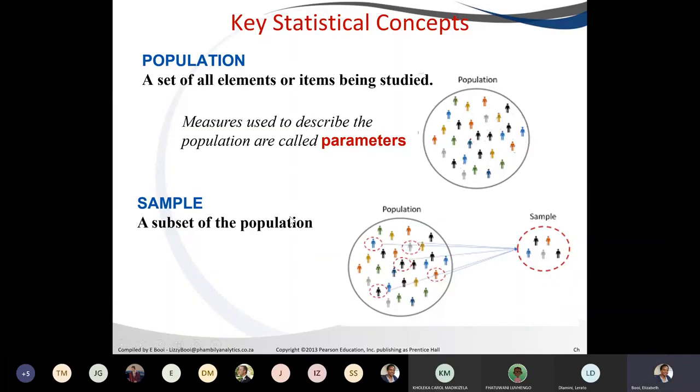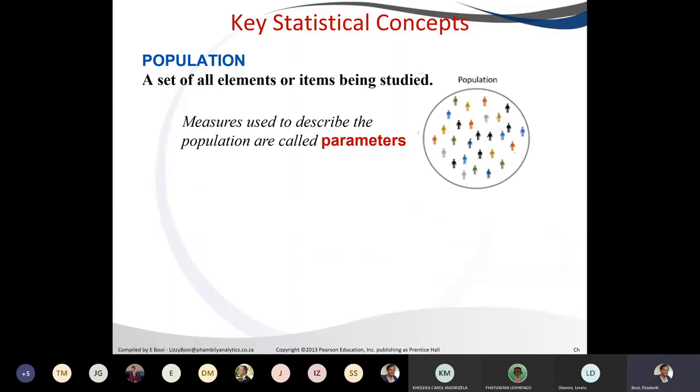Before I move to the sample, when I select the survey, or let's say, for example, the census. Census is the study of the entire population of South Africa. So when they do the census, when they collect information from the people, they ask questions. Who are you? Where do you stay? Those kind of questions. Do you have water? Do you have electricity? Do you have a flushing water toilet? Do you have this?